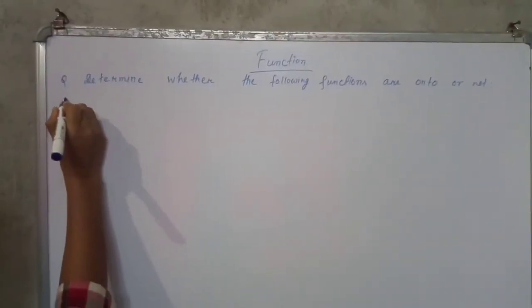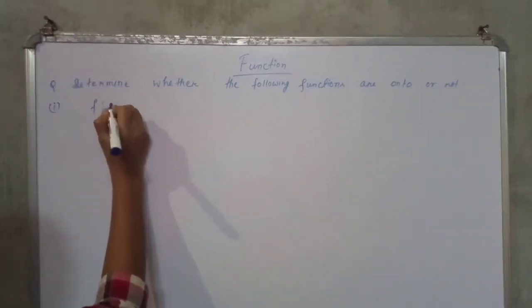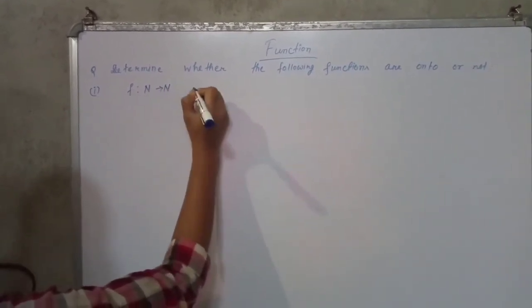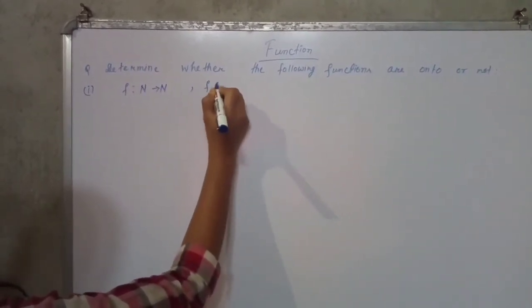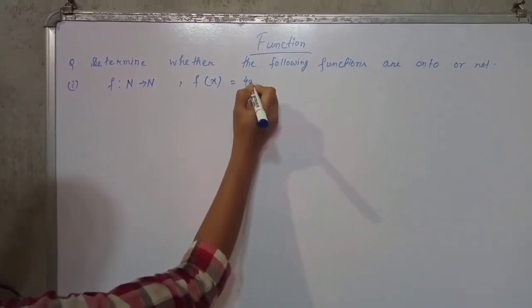The first question is, a function f from N to N where f of x equal 4x.